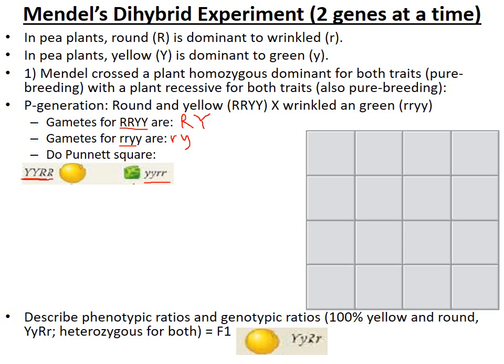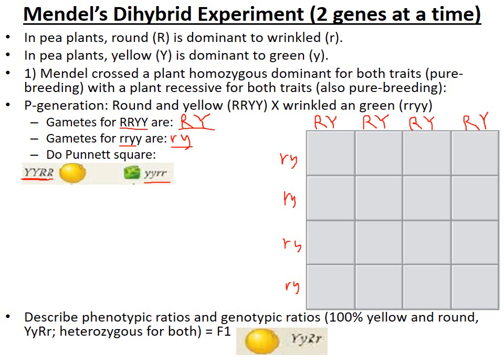Now, in reality, I could have a much smaller Punnett square since there's not many gametes, but let's just say 4 gametes are produced. I'm going to have big R, big Y here, big R, big Y over here, big R, big Y over here, big R, big Y over here, and then little r, little y, little r, little y, little r, little y, and little r, little y.